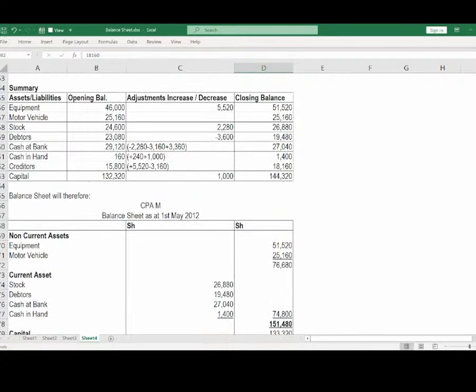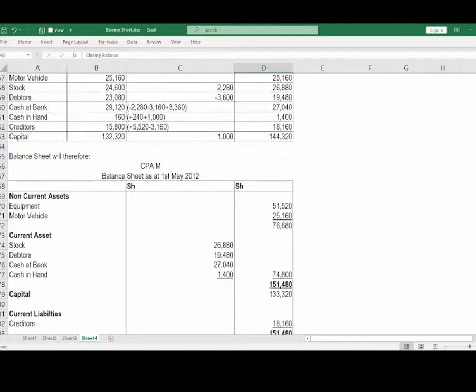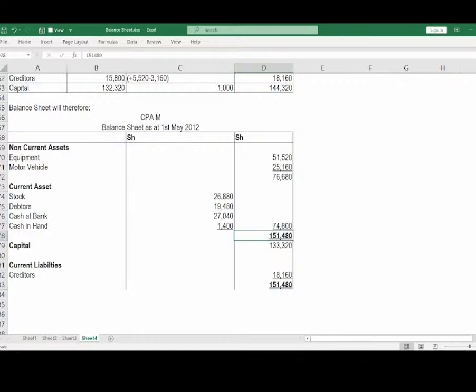And the current liability, the creditors. So the amounts I'm taking here are the closing balances for each. So the assets shall be equal to capital plus the liabilities, which equals 151,480.